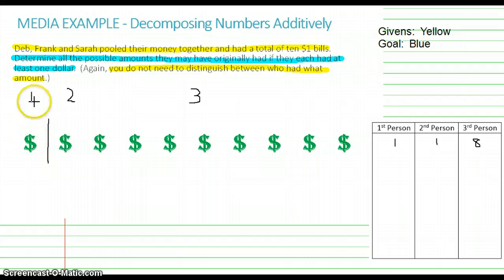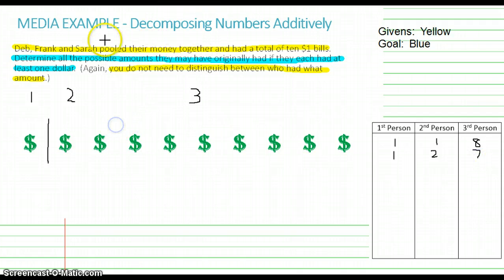So we're going to fix this first person having $1 and then find all of the ways that we can split the $9 between persons 2 and 3. So we found the first one when the second person has 1. Now let's find when the second person has $2. So here we have $2 and here we have $7. So 1, 2, 7.